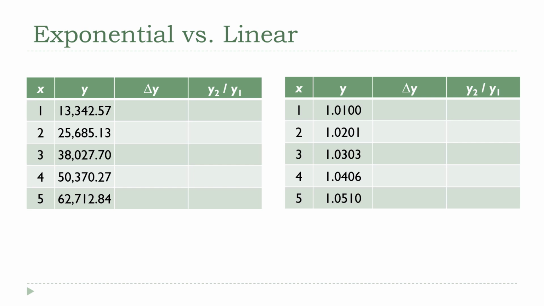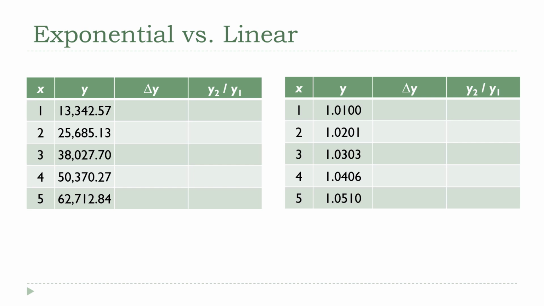And if you look at the second one, it looks like they're increasing really slowly, which is maybe more likely to be a linear function. Don't trust what you think you're seeing when you've got a rule you can apply to do some calculations and know for sure.